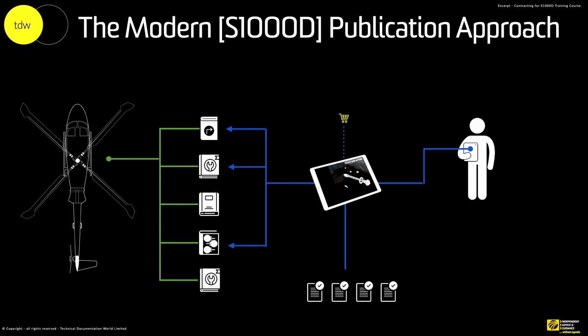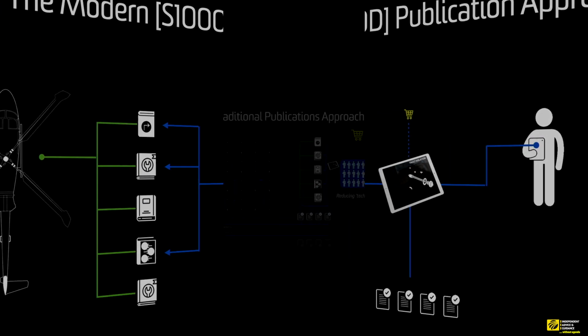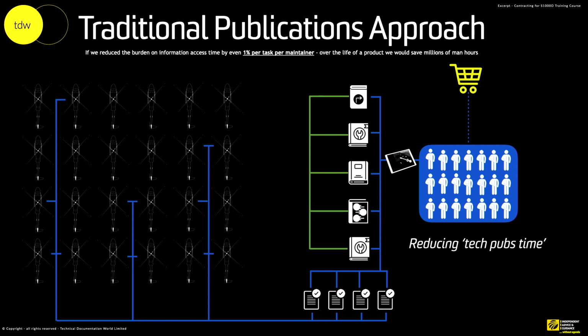So if we take that across and compare it to the traditional publications approach, and we overlay where that IETP can sit, we can actually reduce our technical publications access time, and we can then make our maintainers that much more efficient.